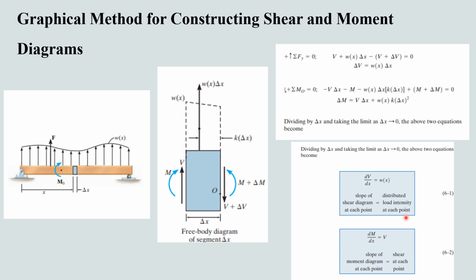It is very crucial to remember this point: the load intensity is the slope of the shear diagram, and the shear is equal to the slope of the moment diagram. So we'll use these two basic equations to develop our graphical method, and these concepts will also be used in developing other methods and concepts in bending.